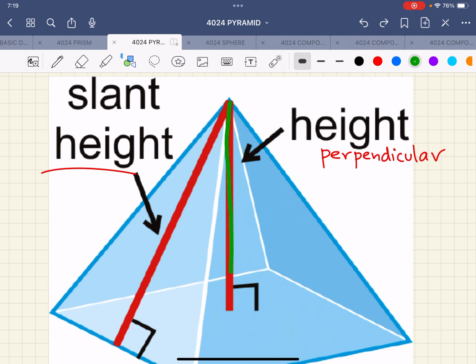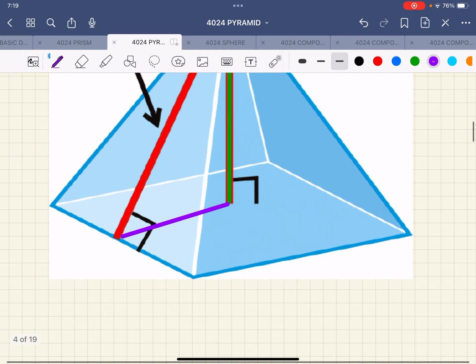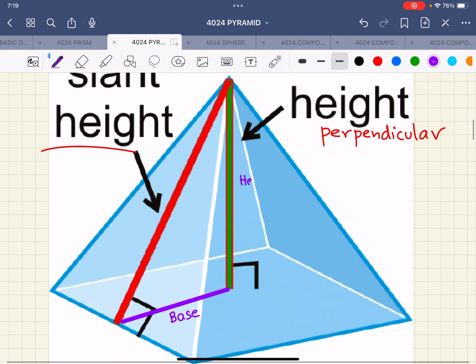So if I draw a line like this, this is the perpendicular height, and this one, the reddish one, that is the slant height over here. And then let me draw a purple line over here like this. So now this purple line, that is the base of this triangle. So this is the base, this is the height, and this is the slant height.